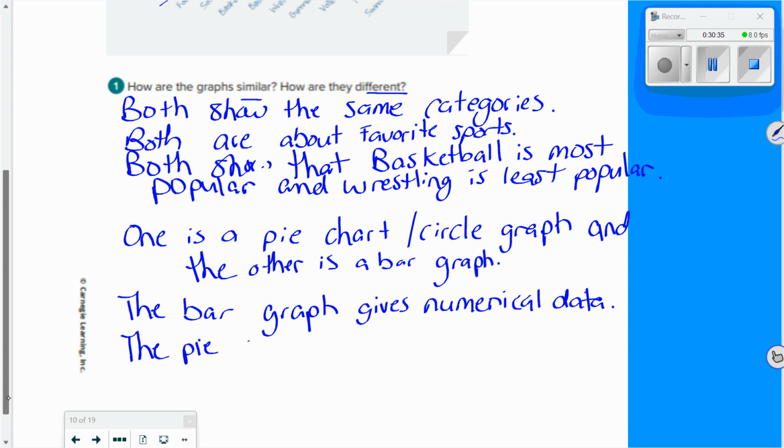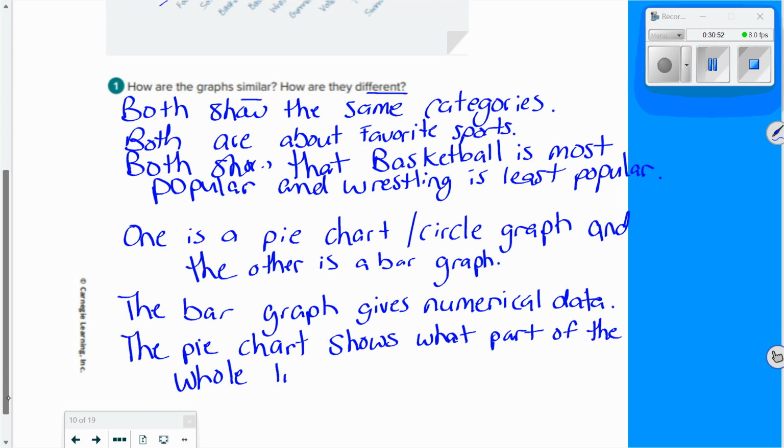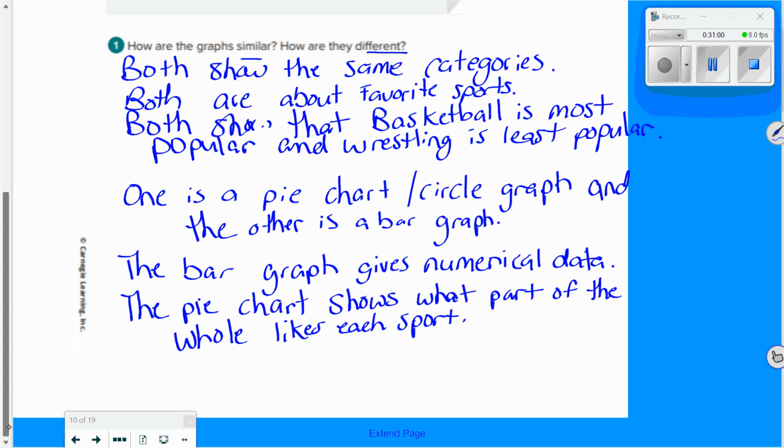The pie chart shows what part of the whole likes each sport. Avian? So like it shows what the majority is.